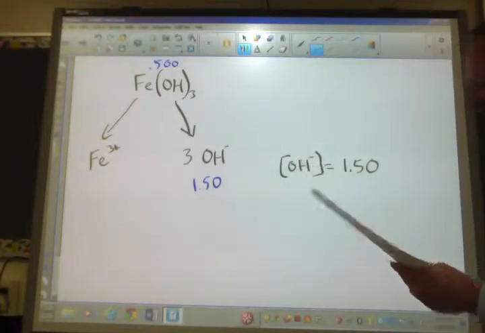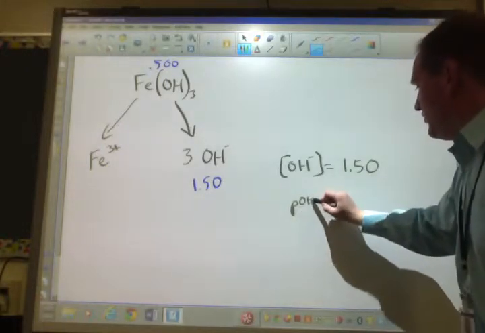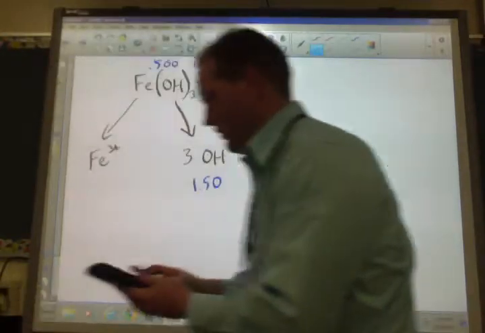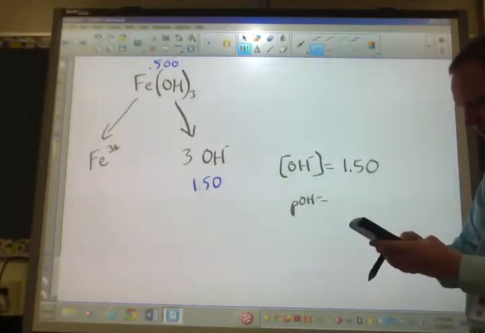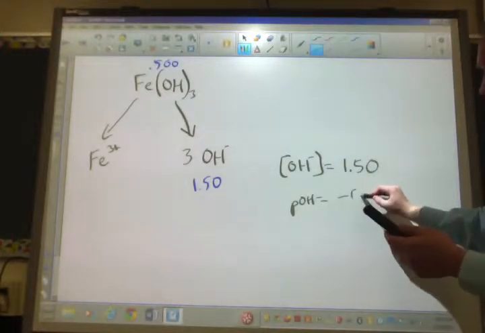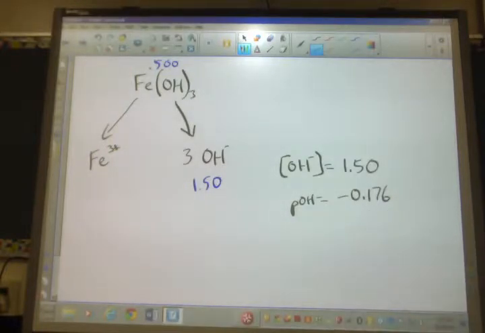I'm looking for pH. Well, let's find pOH from this. pOH equals negative log of this. So I can tell we're going to get another negative answer. Yep, negative 0.176. Again, pOH can actually be negative for a very concentrated strong base.